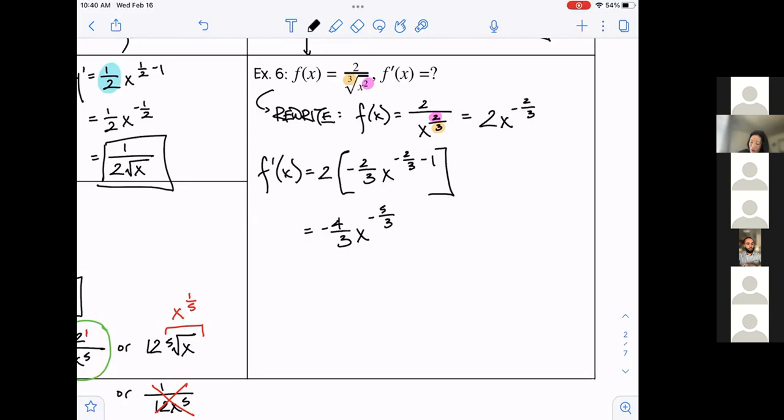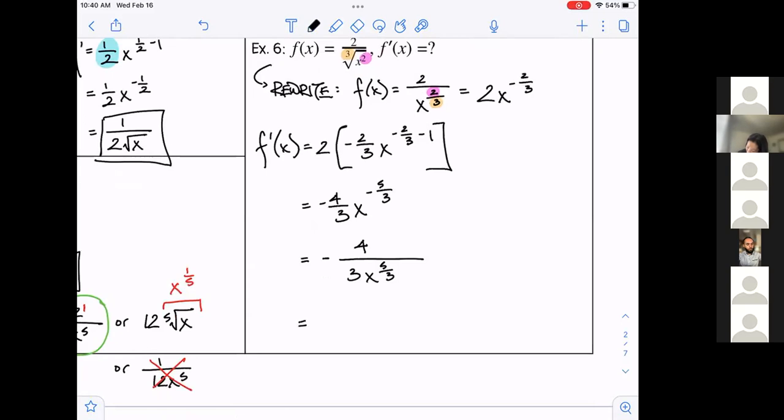All right. Now I want to pack my answer back up to look like the way the question was asked. Let me do this step by step. I'm going to keep my 4 in the numerator, but the 3 goes in the denominator because 4/3. And if I move this x to the negative 5/3 to the bottom, I get x to the positive 5/3.